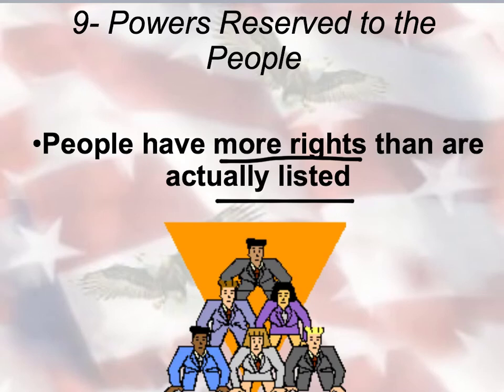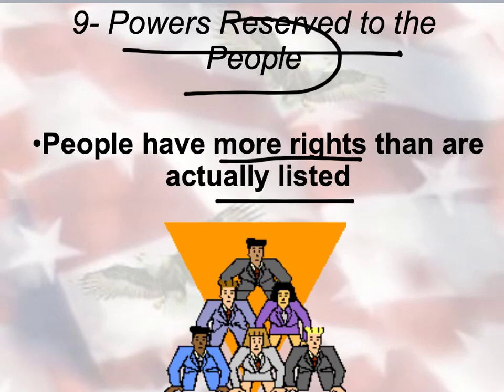All right? So we're not going to list that you have the right to eat Hershey bars, or you have the right to wear torn up jeans, or you have the right to wear blue hair. We're not going to list all those. Just remember that people have more rights than are actually listed. All right? So that's the Ninth Amendment. Powers reserved to the people. That's the Ninth Amendment.